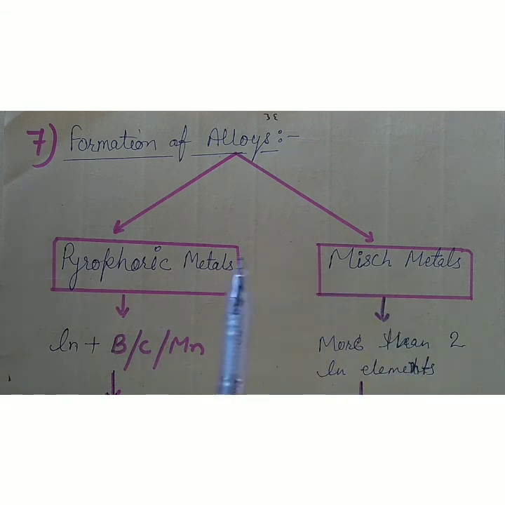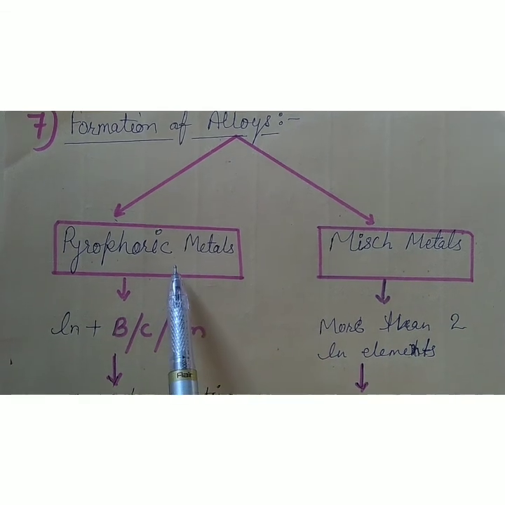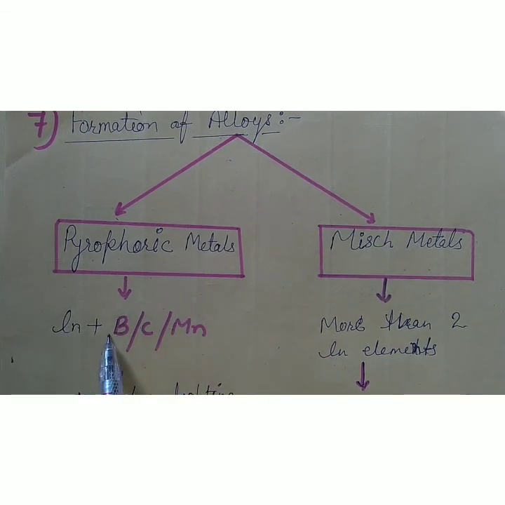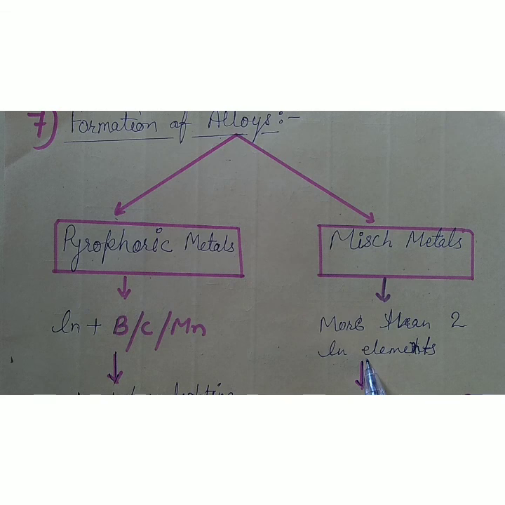Lanthanoids form two types of alloys. The first are known as pyrophoric metals and the other are known as misch metals. Pyrophoric metals are made when lanthanoids are mixed with boron, carbon, manganese, sulfur, etc., while misch metals are made by mixing more than two lanthanoid elements.